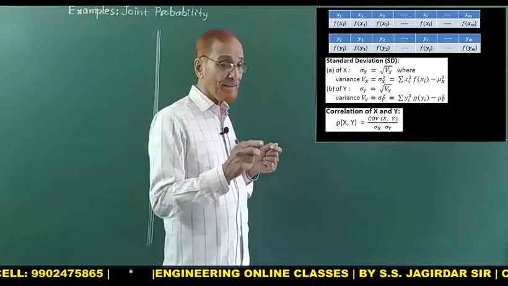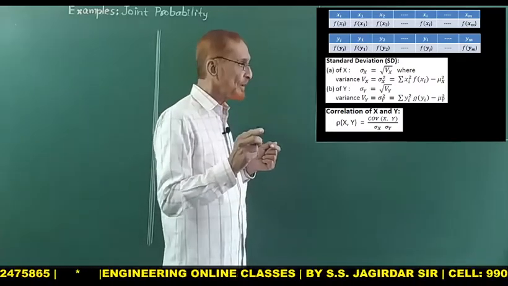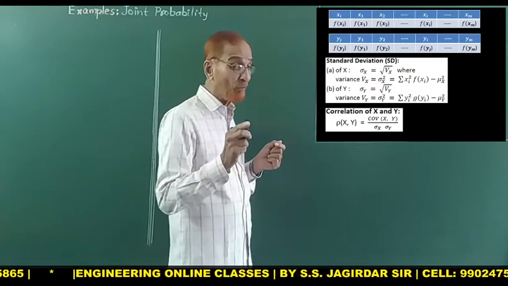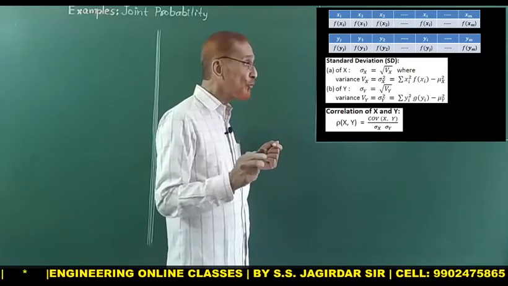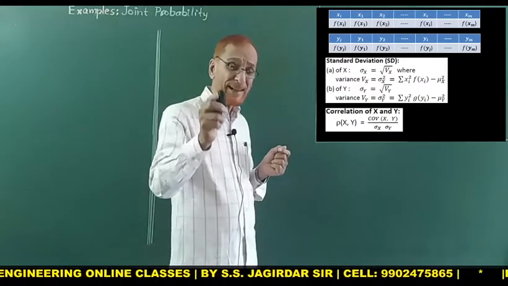Similarly, to obtain the standard deviation of y, you have to take up sigma y. Sigma y is equal to root of Vy. Vy is the variance of y.